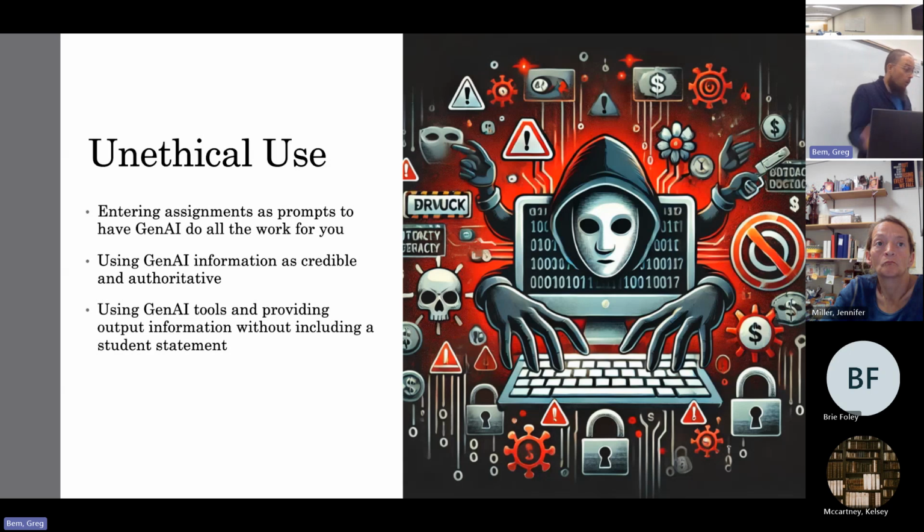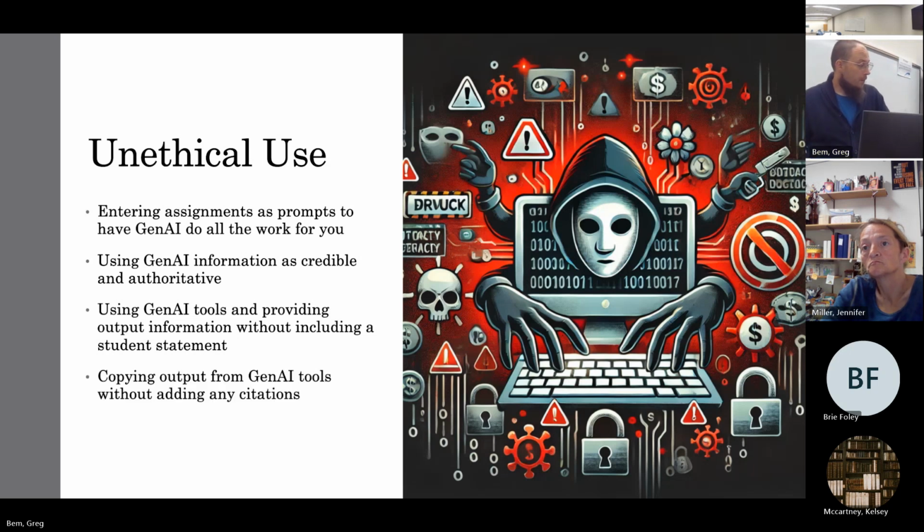Using these tools at all and providing output information without including a student statement borders on unethical. Here at the college, we are interested in making sure there's transparency around how these tools are used, and that we're talking about it and agreeing on how it should be used in any specific context.